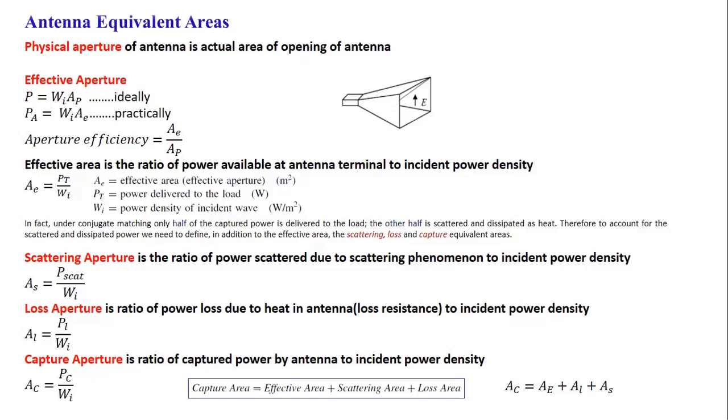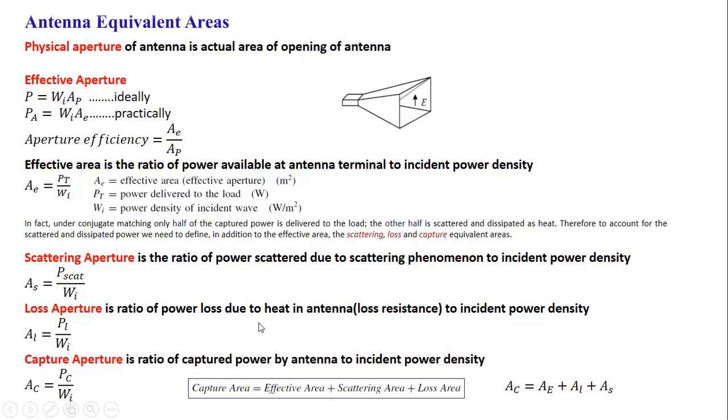The ratio of power scattered by the receiving antenna to the incident power density is called the scattering aperture. You can see the scattering aperture is denoted with AS equal to the power scattered divided by the total incident power density.